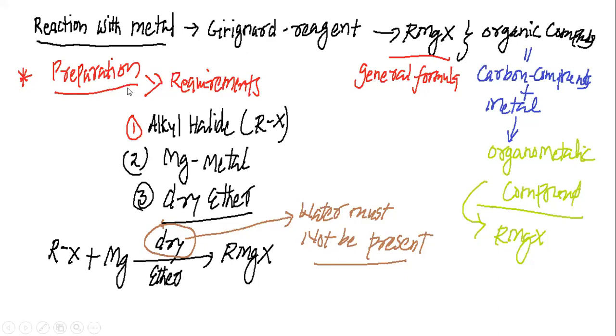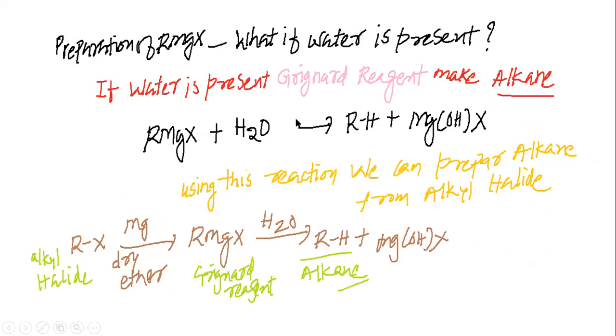Now the requirement for the preparation of Grignard reagent: we need an alkyl halide, we need magnesium metal, and we need dry ether. This alkyl halide, when reacted with magnesium metal in the presence of dry ether, gives RMgX, which is known as the Grignard reagent. Now, preparation of RMgX Grignard reagent.